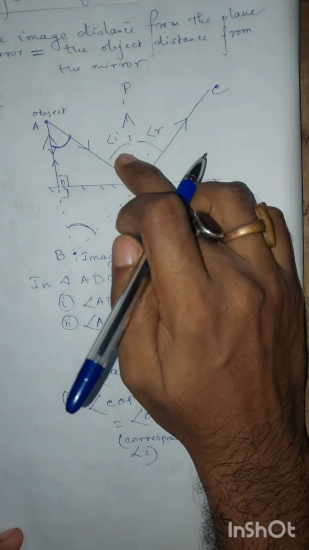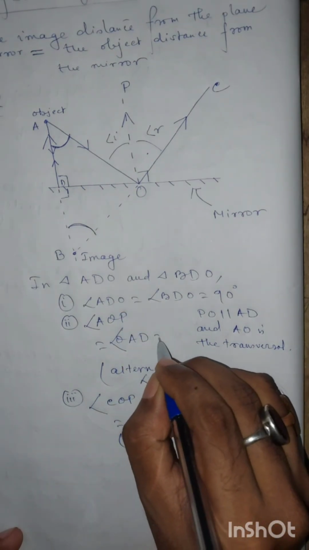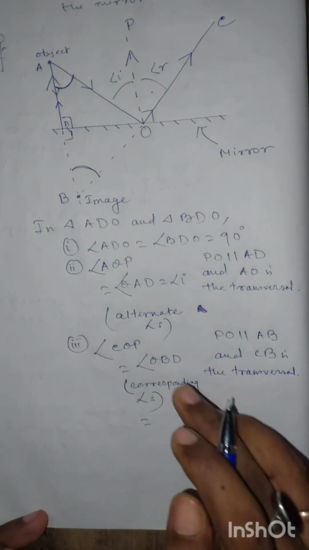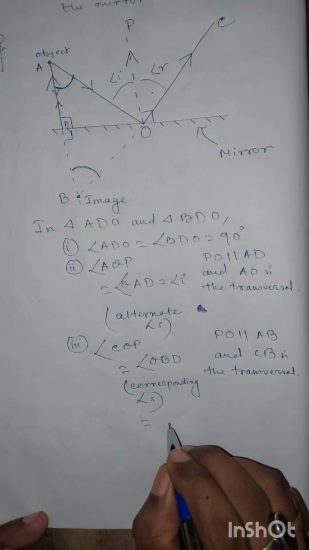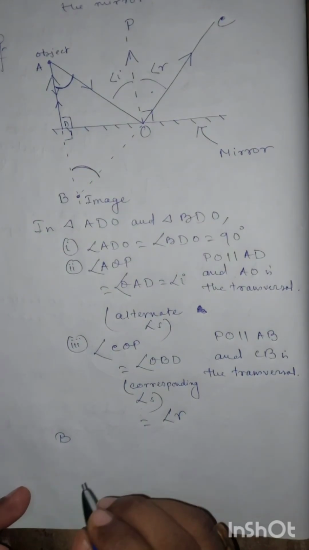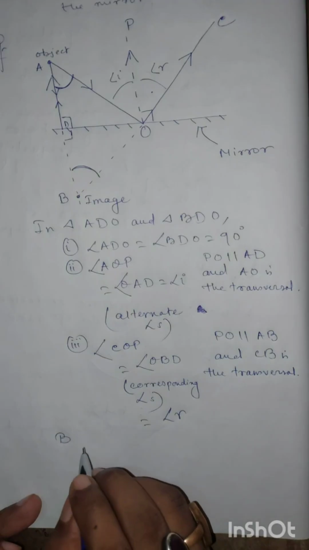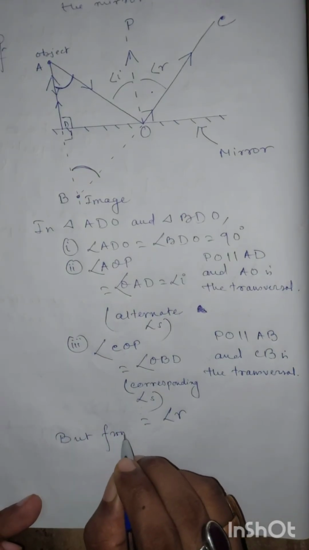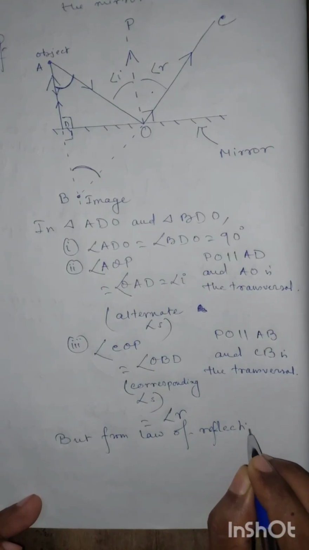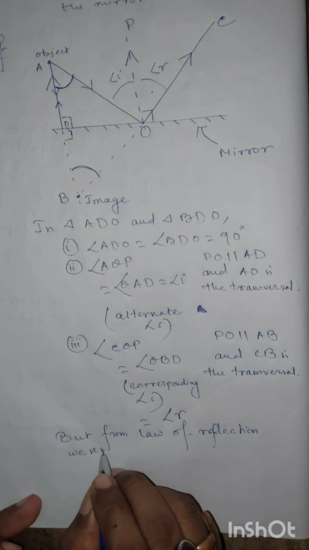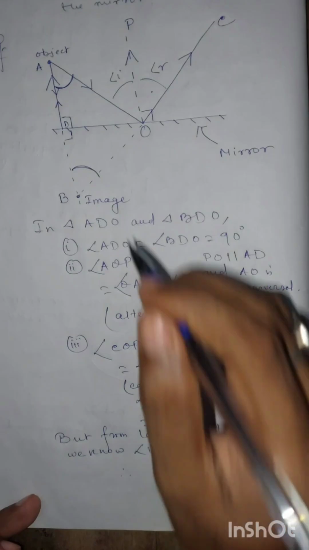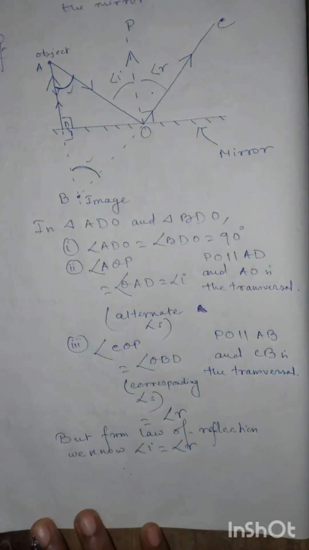And AOP is I, so we can say this is angle I, and COP is angle R. That is why we can say this is equal to angle R. But from the laws of reflection, we know angle I is always equal to angle R. Therefore, we can say this angle should be equal to this angle.